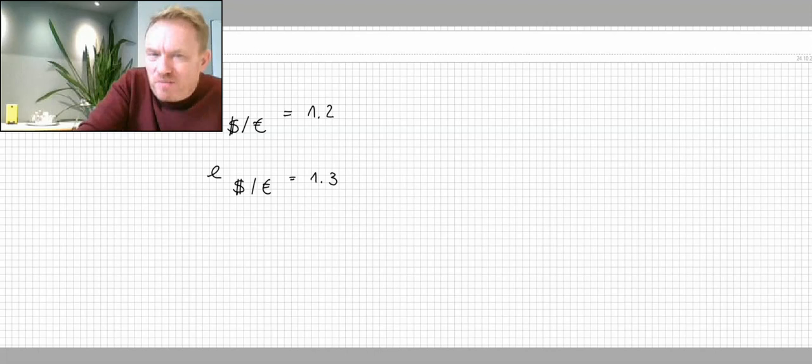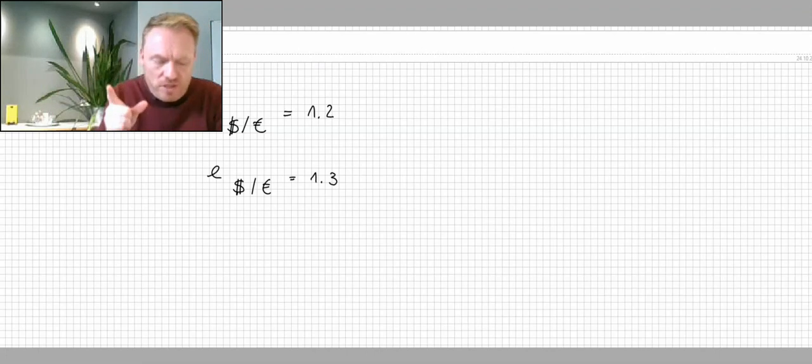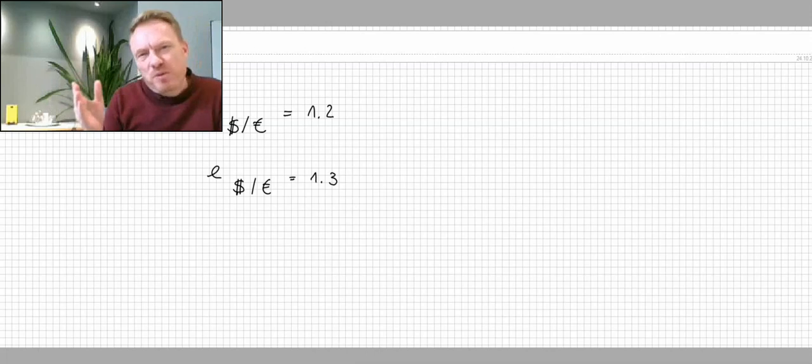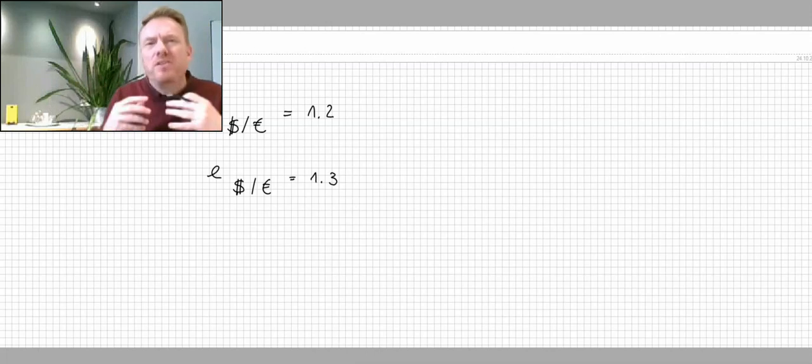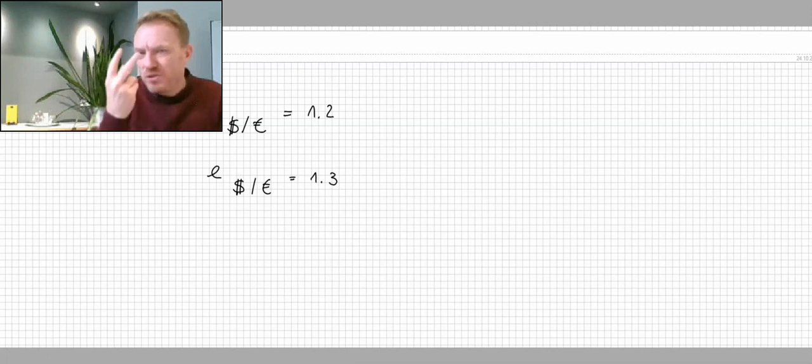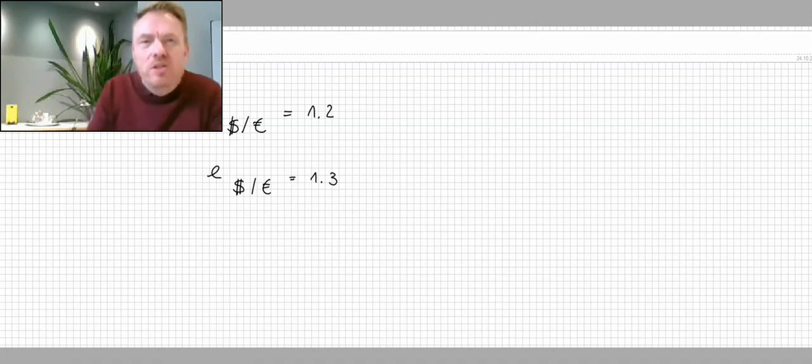The answer is that there is no clear answer, because from the United States perspective, it is a direct quote, and seen from the European perspective, it is an indirect quote. So there is no such thing as the exchange rate. There are always two exchange rates, the direct quote and the indirect quote, and that depends on the perspective, like the country you're living in.